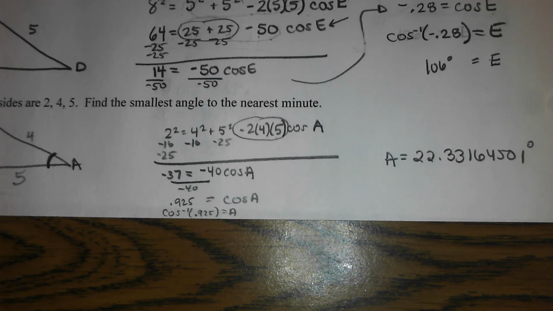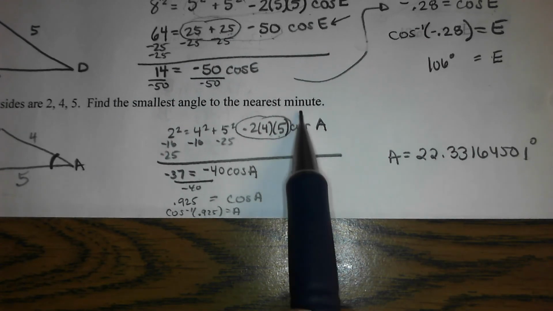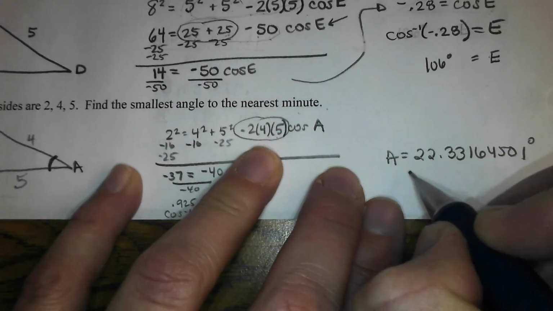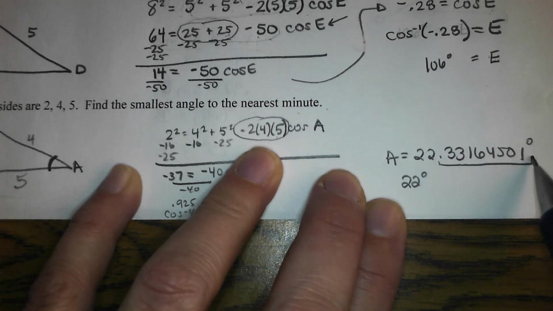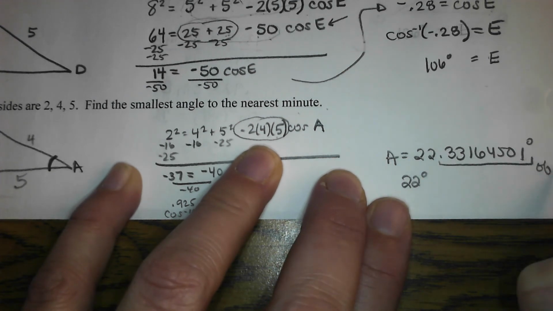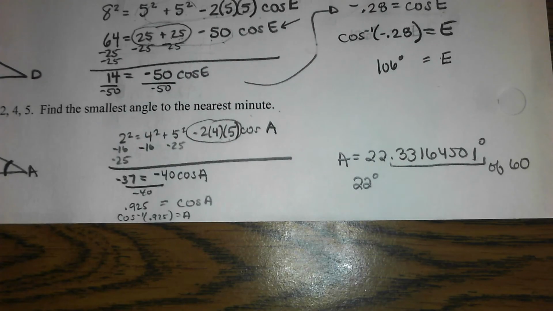So it's with minutes, because they're out of 60, it's not the same. So we're just now going to address, that's it to the nearest whatever decimal I went out to. But to the nearest minute, that's 22 degrees. And then this fraction of 60 minutes. That 0.33 of 60 minutes will tell you the right number of minutes.